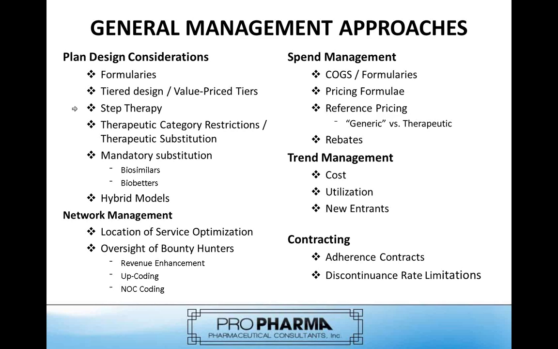There were step therapy designs now in order to say, did you use the first-line therapy that is well established, effectiveness is known, risk is known, before you go to the specialty drug, and there'll be more of that going on. There'll be restrictions and therapeutic substitution.